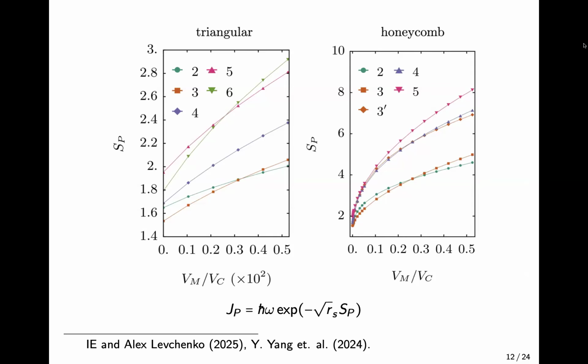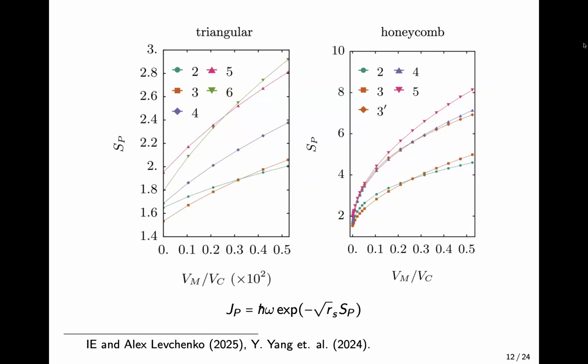Another thing you observe is that when the Moiré potential is quite weak, so here I've blown this axis up by a factor of 100, the two and three particle exchange actions cross. So when the Moiré potential is less than 1% of the Coulomb energy, it's in fact the two-particle exchange that becomes most important. That has a qualitative implication, which is that it will switch the ground state from being ferromagnetic to antiferromagnetic.